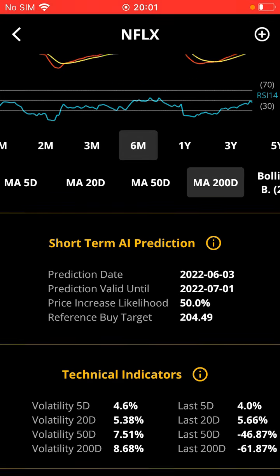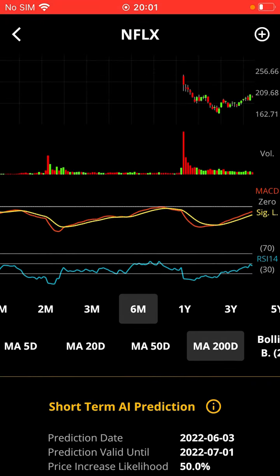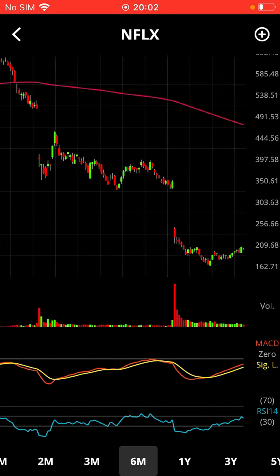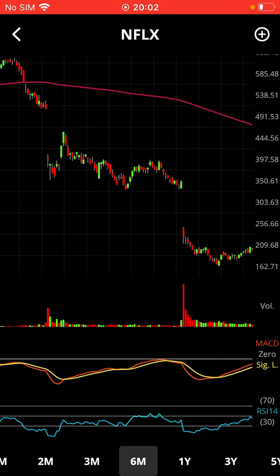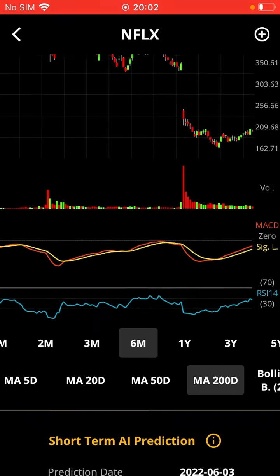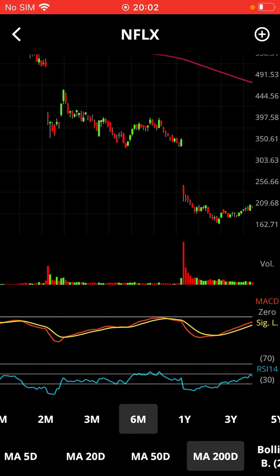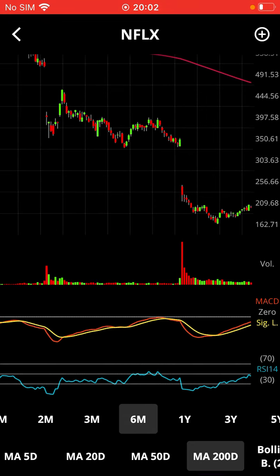But with regards to its volatility, there's not enough evidence or indicator to be able to say that the price will be going up significantly in the very short term. Partly because our AI algorithm is not expecting a huge increase in the very short term, and also the MACD is still below the 0 line.